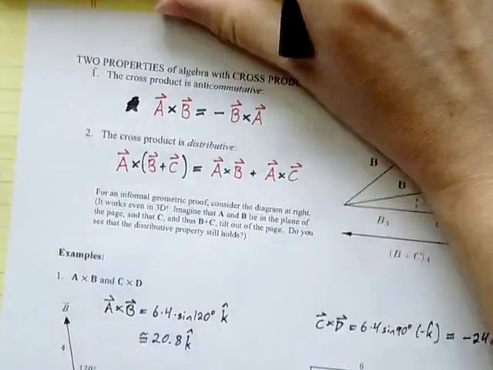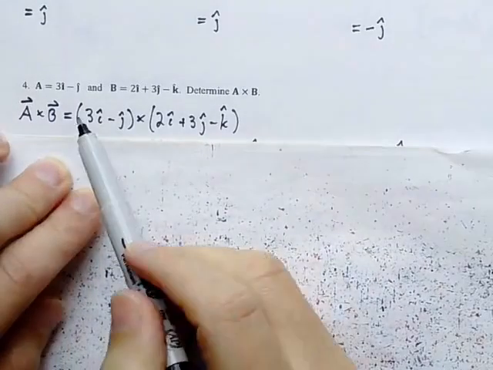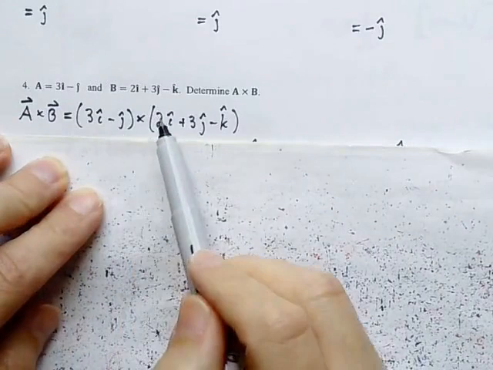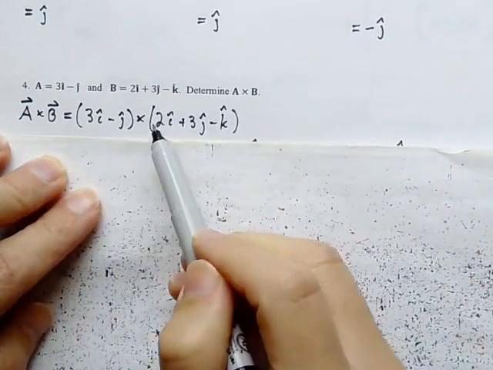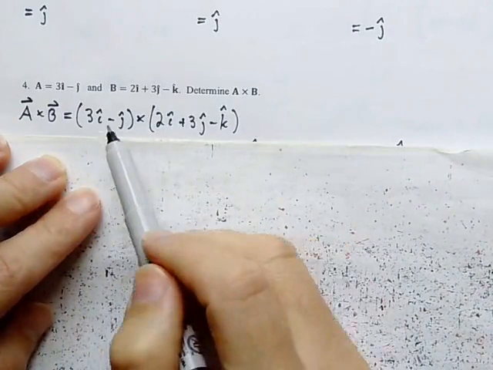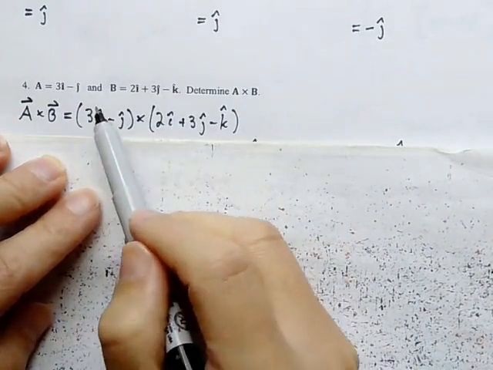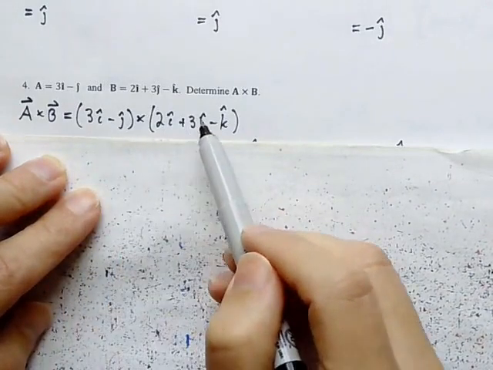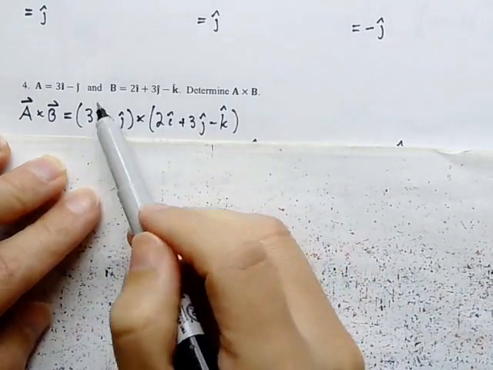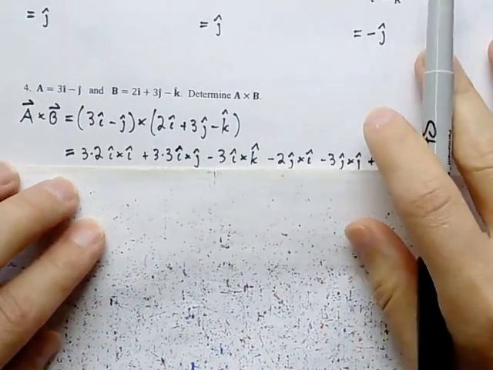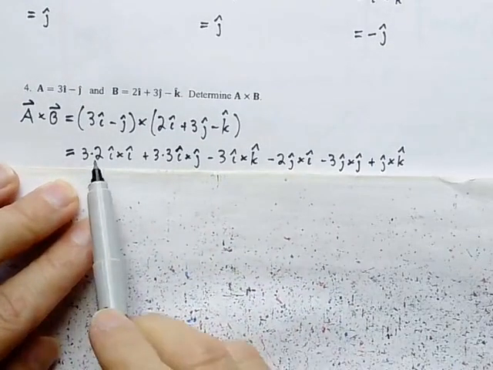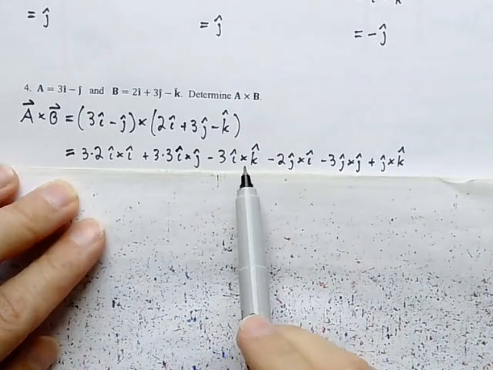We're going to distribute these terms across these terms. So first, we'll get 3i hat crossed with 2i hat, then plus 3i hat crossed with 3j hat, then plus 3i hat crossed with negative k hat. That looks like these three terms here.